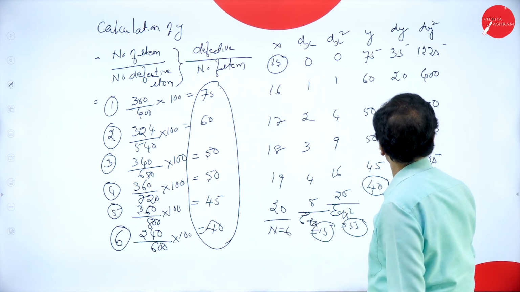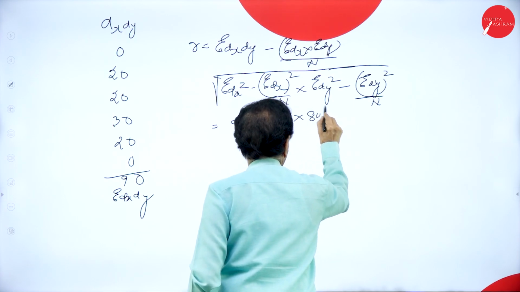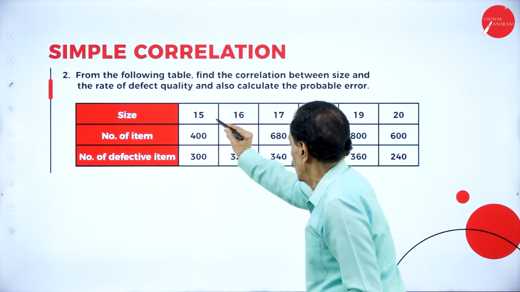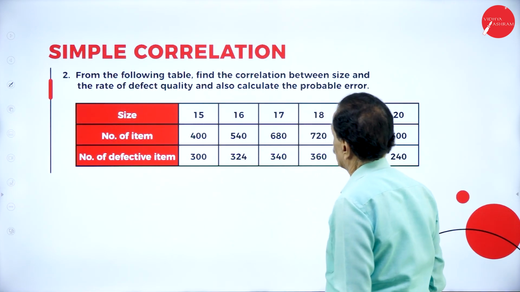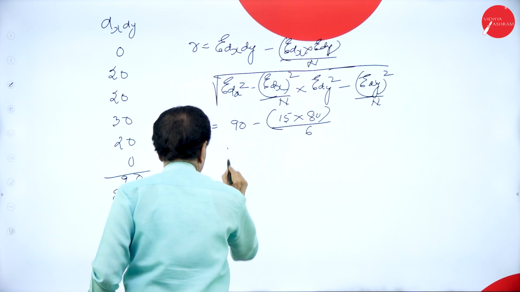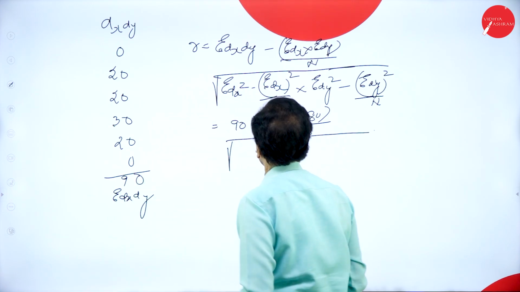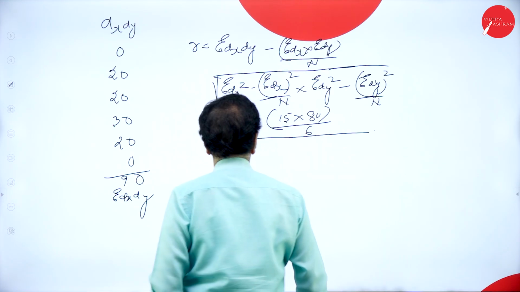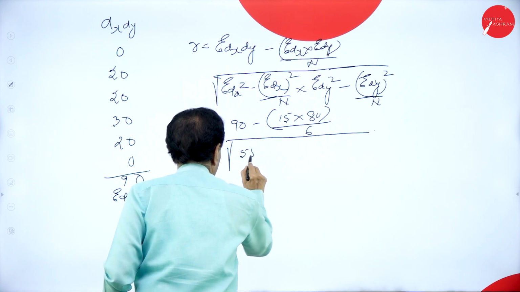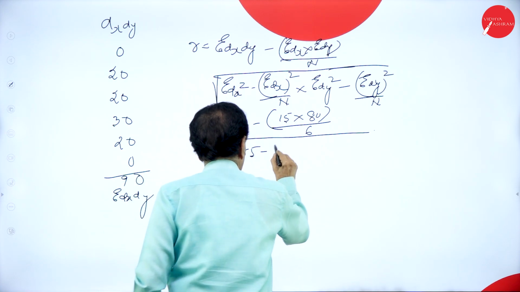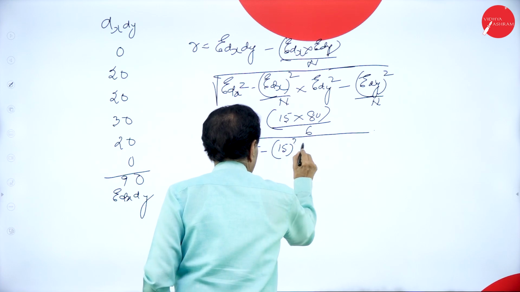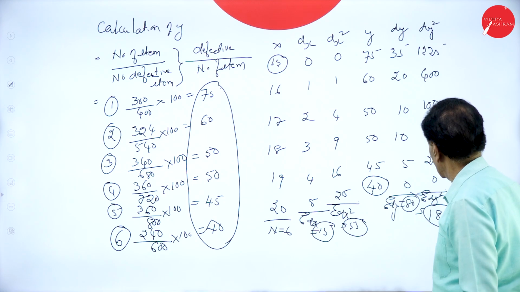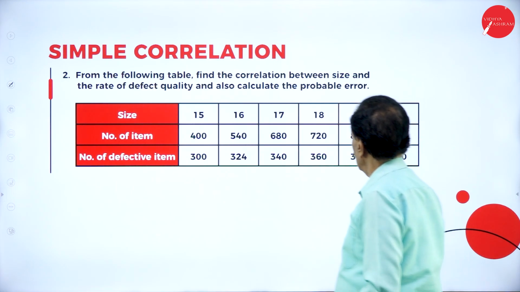It is 80, divided by number of items, here the number of items is 1, 2, 3, 4, 5, 6. 6, divided by root of sigma dx square, 55, minus sigma dx 15 whole square divided by 6, into what is sigma dy square? 1850.